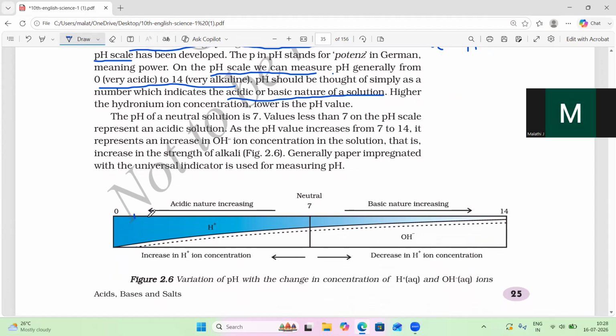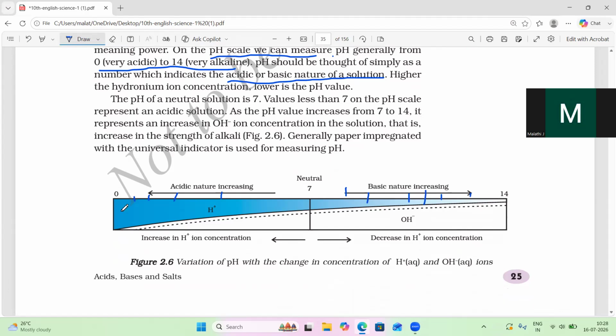Here, if you observe, there will be numbers 7, 8, 9, 10, 11, 12, 13, 14. So your scale contains pH from 0 to 14.